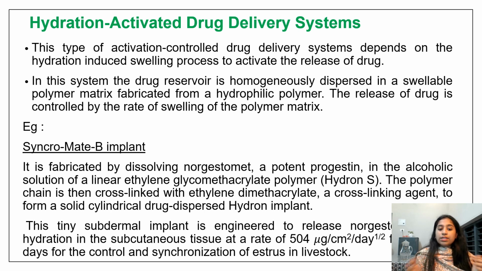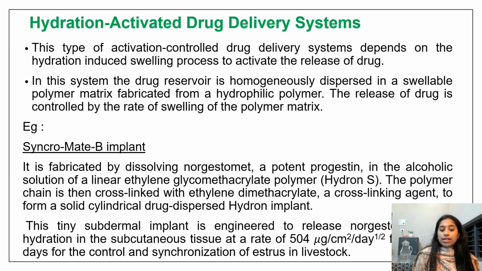It is fabricated by dissolving norgestomate, a potent progestin, in the alcoholic solution of linear ethylene glycol methacrylate polymer, and the polymer chain is then cross-linked with ethylene glycol dimethacrylate, a cross-linking agent, to form a solid cylindrical drug dispersion hydrogel implant.